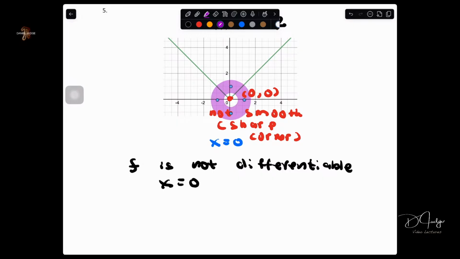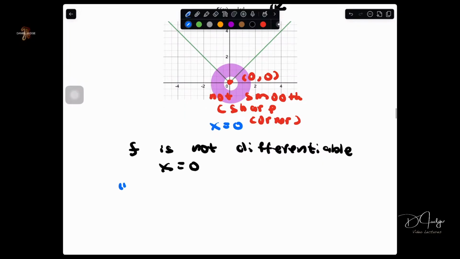It's differentiable everywhere else except 0. So you say, what does that look like? All real numbers again, but you throw out 0. And in terms of interval notation, that's negative infinity to 0 union 0 to infinity. There you go.